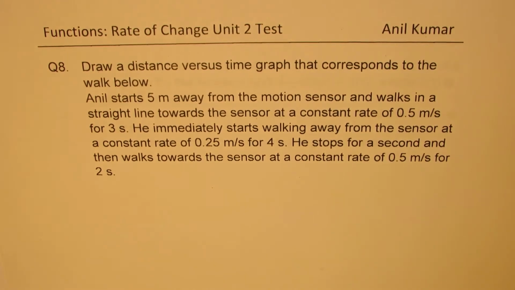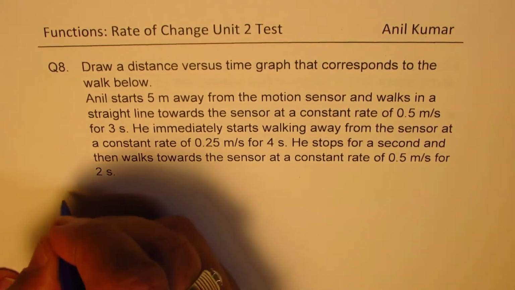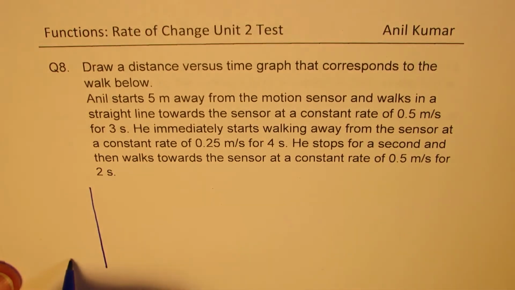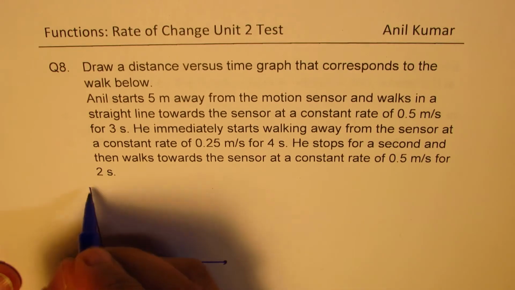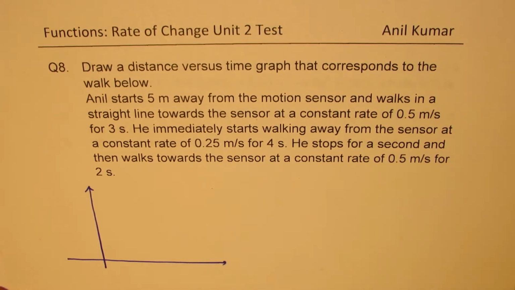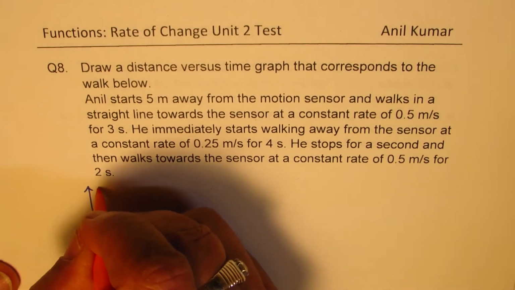So we need to sketch the graph here. So let me just create one. Right, so we'll make a small one here. So let me just draw some lines. So we'll make a rough sketch. However, you'll get an idea of how to do such questions, right?